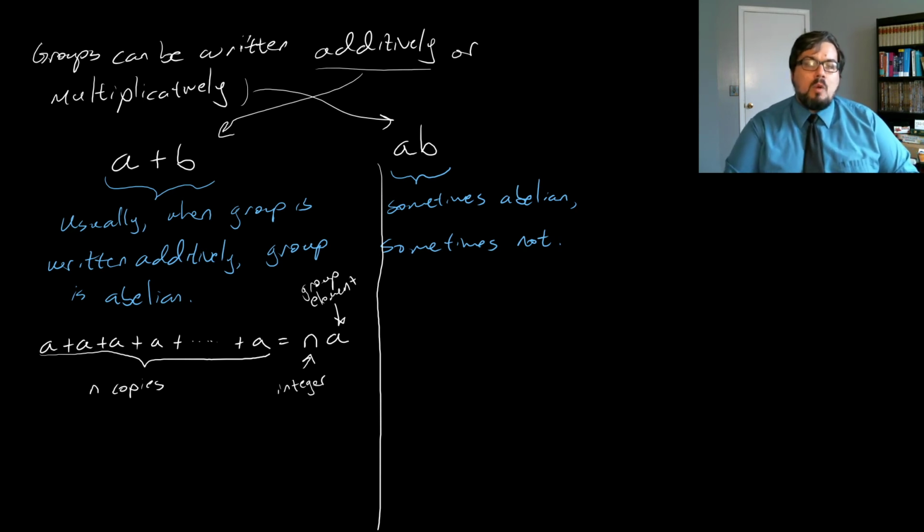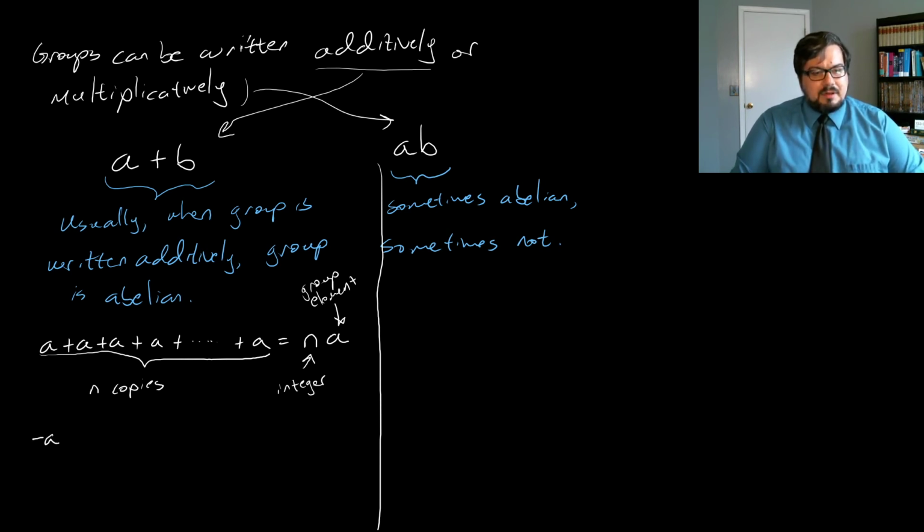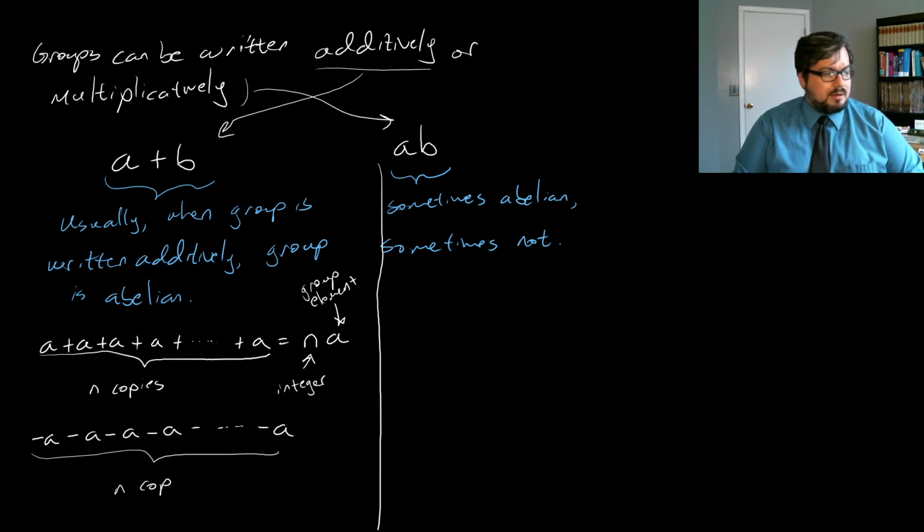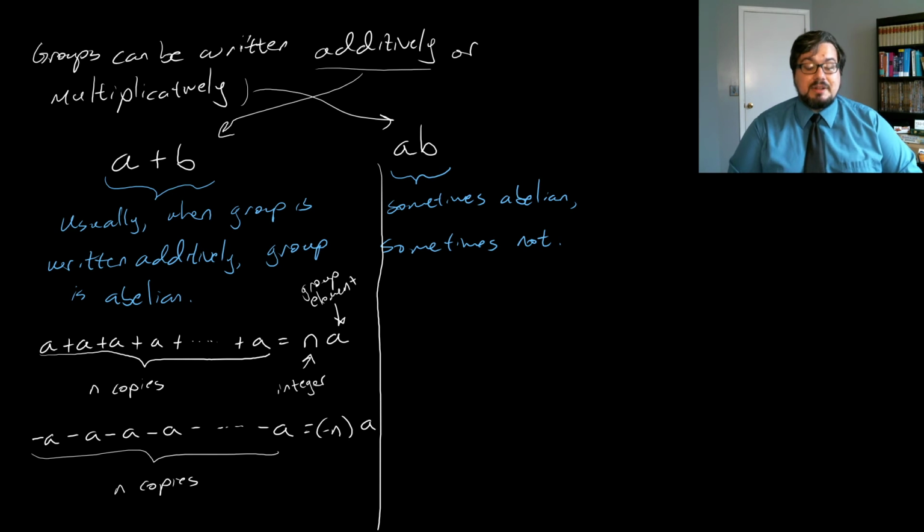Normally this won't be a problem, but we should be careful about it. Similarly, if I have a whole bunch of inverses of a that are all being added together, we're going to write that as negative n times a. Again, negative n is the integer, a is the group element.